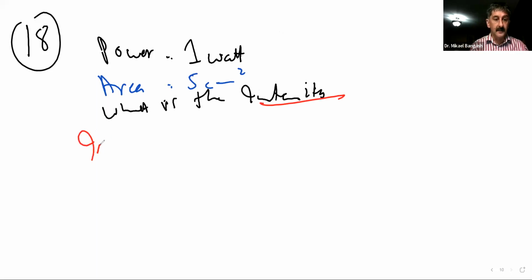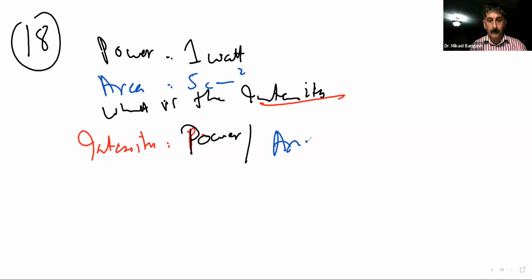So intensity is nothing but your power by area. So just put in the values.